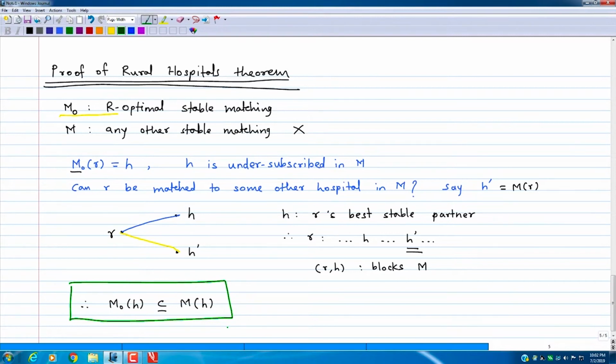So have we ruled out the possibility that H may get some more residents in M? So how do we say? Yes. So let's say H is undersubscribed in M naught and also in M, but then it will be getting different numbers of residents, right? Yes.